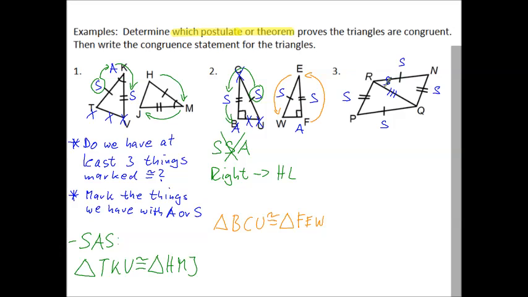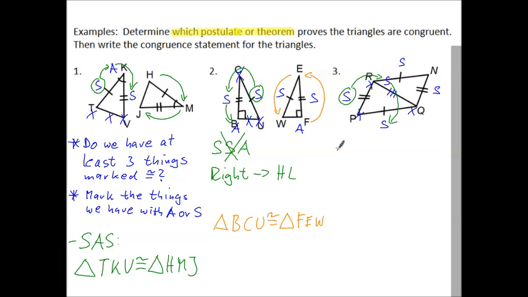We don't have any angles, so none of the angles work, but we have 3 sides, and we can go starting from any of the sides, going to the next and to the next.